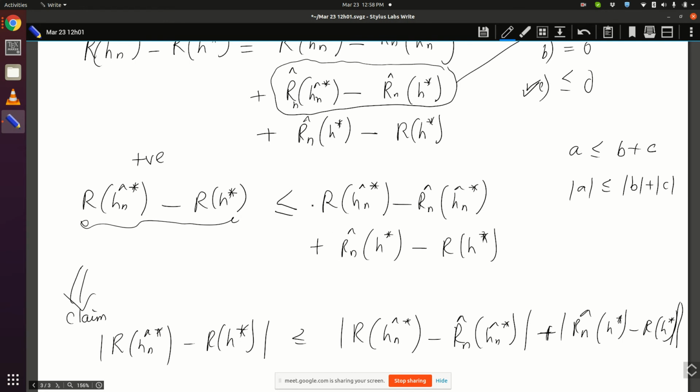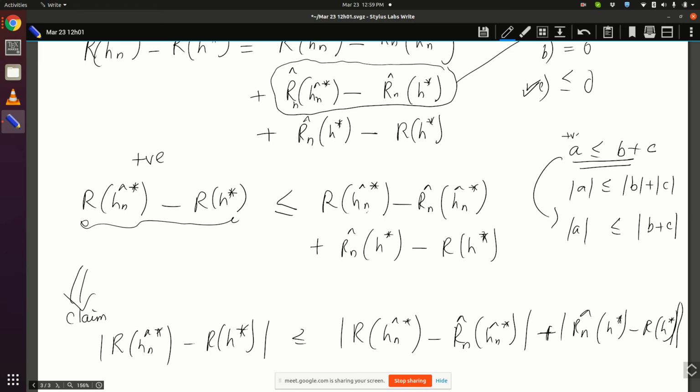So once that is true, then we can actually take the modulus. From here we can get mod A is less than or equal to mod B plus C. If this is positive, then this also has to be positive, otherwise it cannot be less than or equal to. We don't have to prove this, but it has to be positive, otherwise you will not have this in the first place.